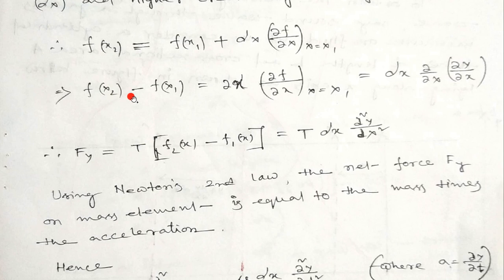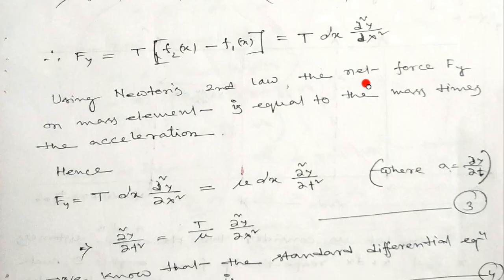So, f(x2) minus f(x1) equal to delta x del f del x at x equal to x1, and this can be generalized like this: delta x del del x of f, where f is del y del x, so f(x2) minus f(x1) is delta x del 2y del x square. So, the total y directional force is Fy equal to T delta x del 2y del x square.